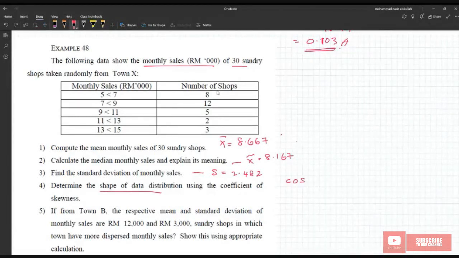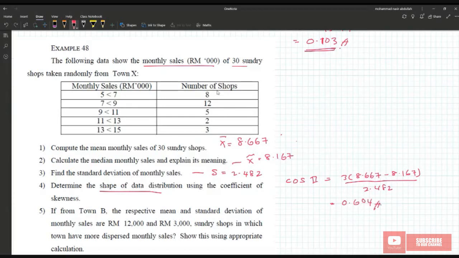We will use coefficient of skewness number 2. The formula is 3 multiplied by the mean, 8.667, minus the median, 8.167, divided by the standard deviation, 2.482, which is equal to 0.604, a positive value.